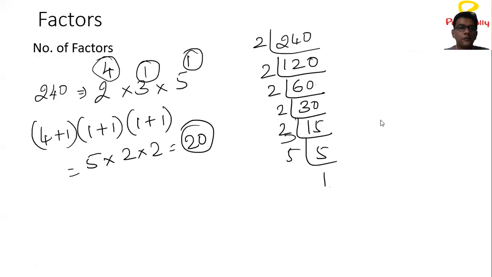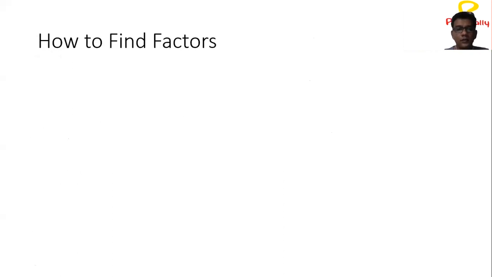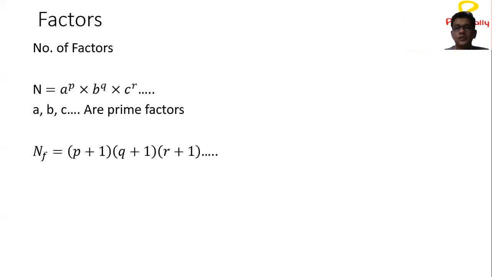Right? I presume that because I'm seeing your answers, most of you got it right. So I'm assuming that all of you have understood the way to find the number of factors of a number. So if I want to generalize this, how do I generalize the number of factors? If you have a number, first write the number in this format.